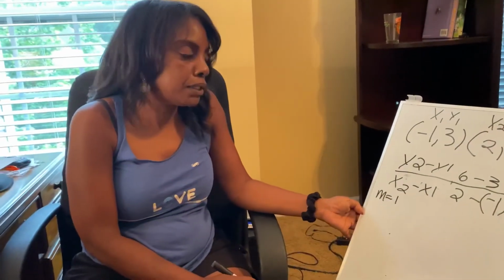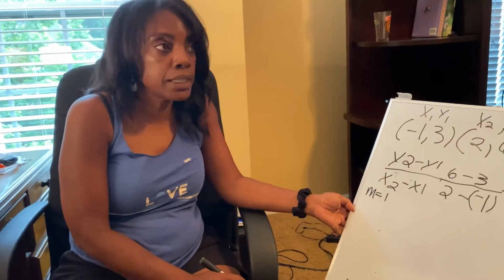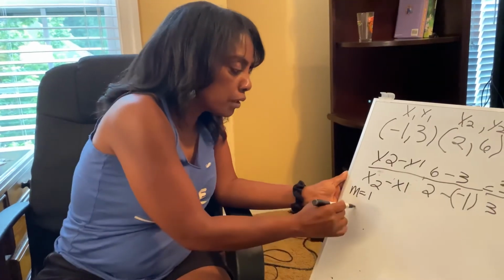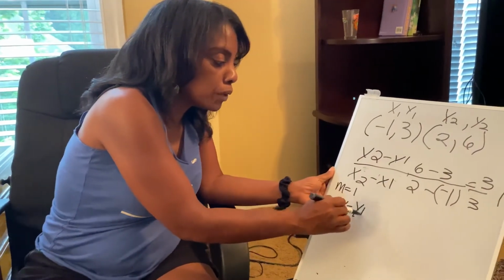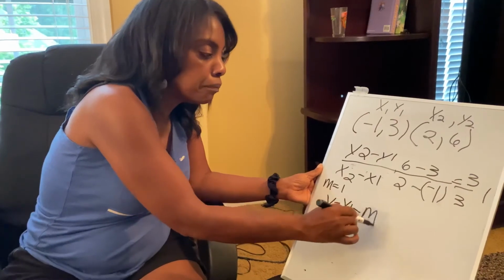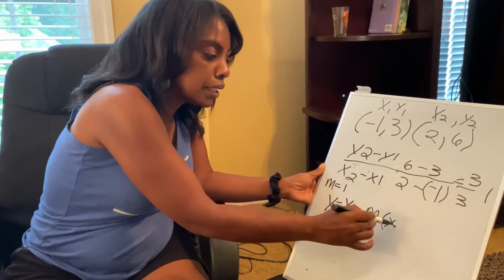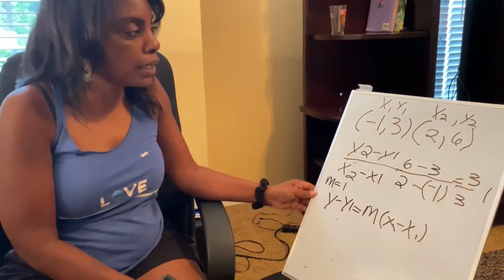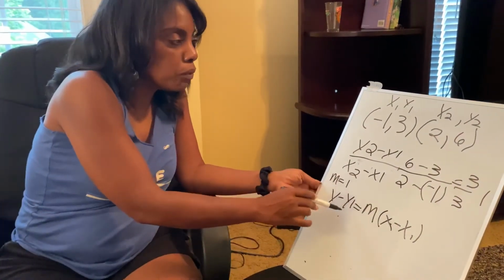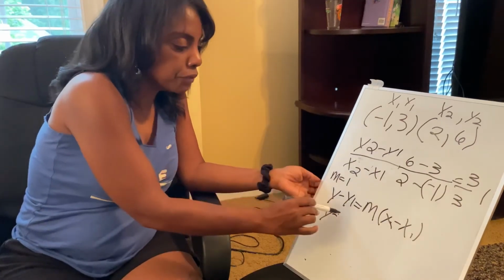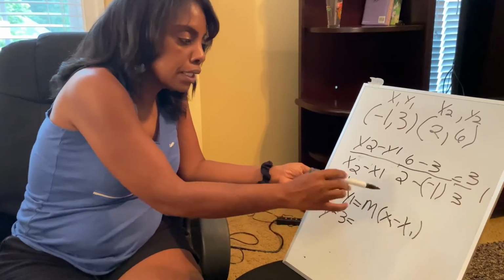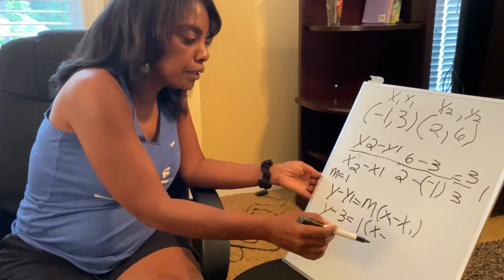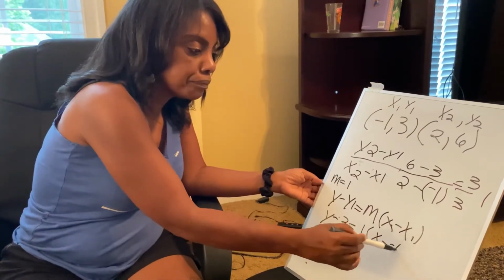The next step we need to do is to find the equation of the line, and we do that by using this formula: y minus y1 equals m times x minus x1. So again, we know that y1 is 3, m is 1 for the slope, x1 is a negative 1.